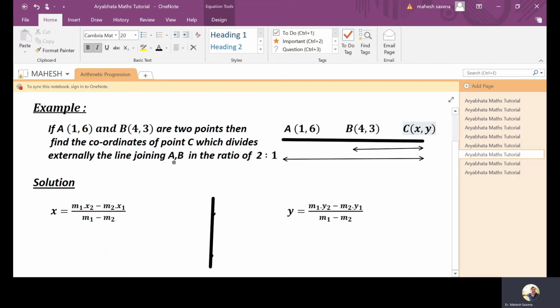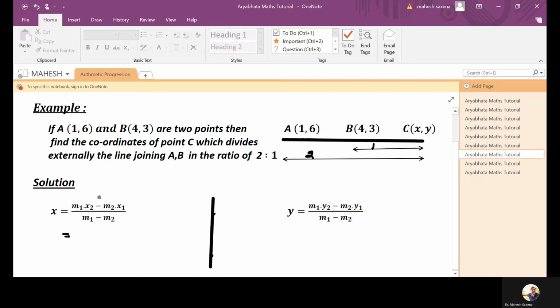Since AC to BC is 2:1, it is only possible when C is away from B. Let this be the point C. Then clearly AC upon BC is equal to m1 upon m2, so we can take m1 as 2 and m2 as 1.